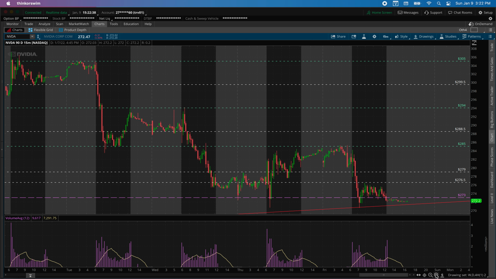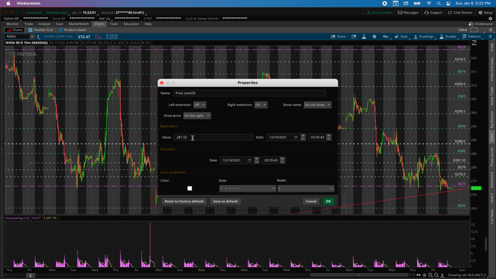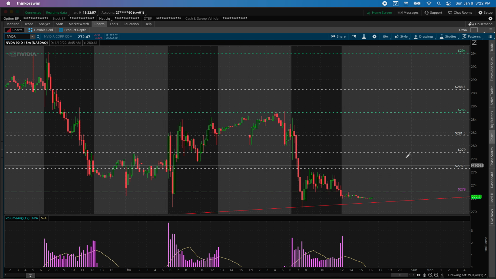Now, as we zoom back out, that's basically what you want to keep looking out for. You want to keep looking out for any levels that look congested, where there was a lot of movement around. I'll show you guys here. This level that we just charted held, pre-market breaks, but then it's been trading around that level.